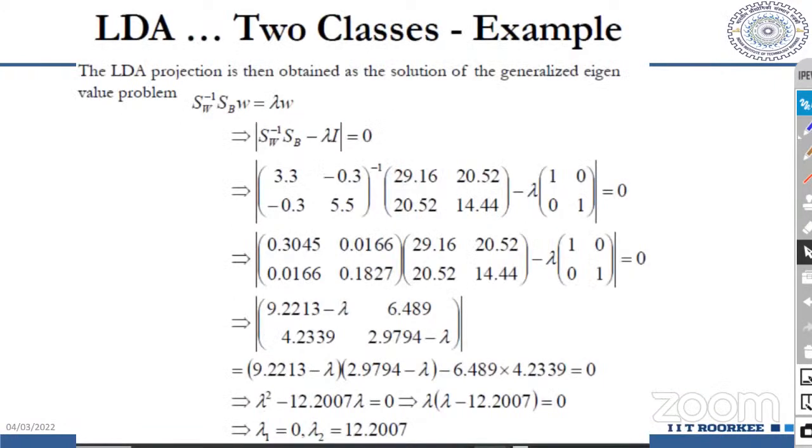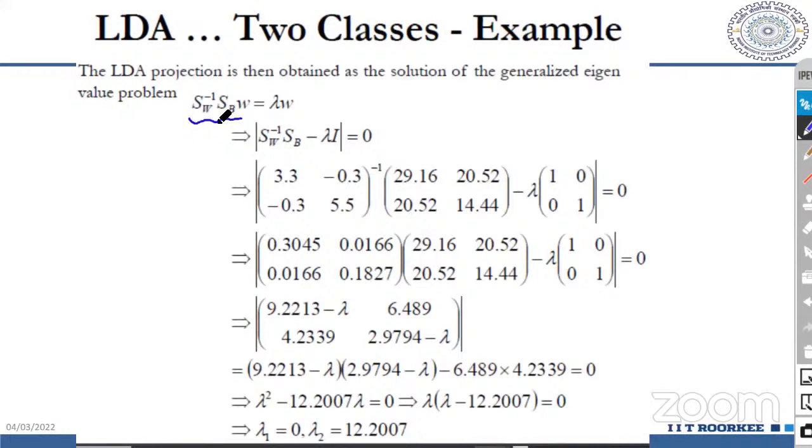Now we are computing the eigenvalues and eigenvectors of SW inverse and SB. You may ask the question, why SW inverse and SB? I will write Fisher's equation, and in that equation I'll come back to this point. Right now, no need to worry about why I am computing the eigenvalues and eigenvectors of the matrix.